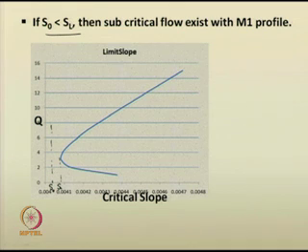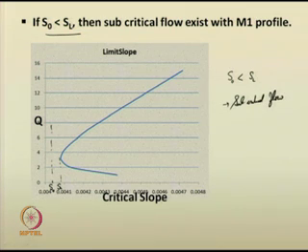This is the critical slope line. So, your slope S0 is less than SL, which means subcritical flow exists. In subcritical flow, what is the gradually varied flow profile that you can observe in such a situation?